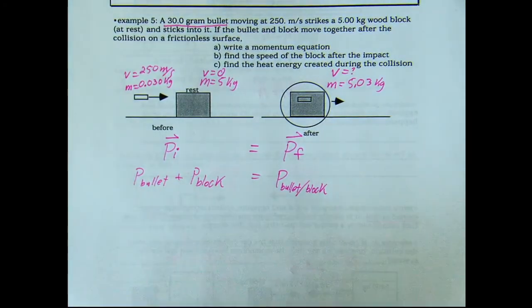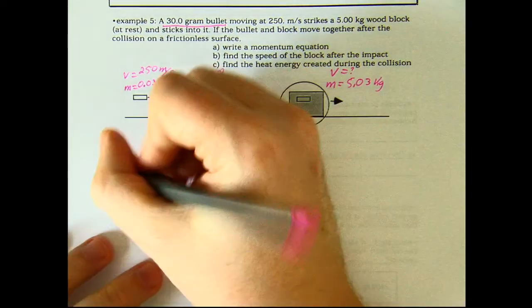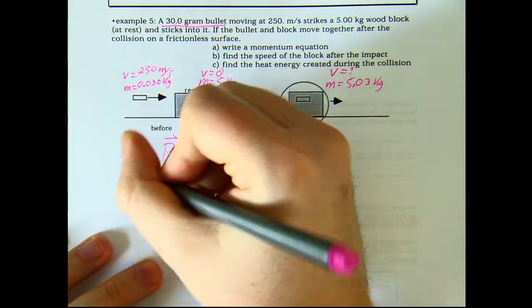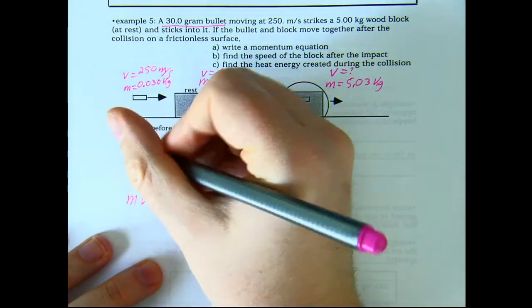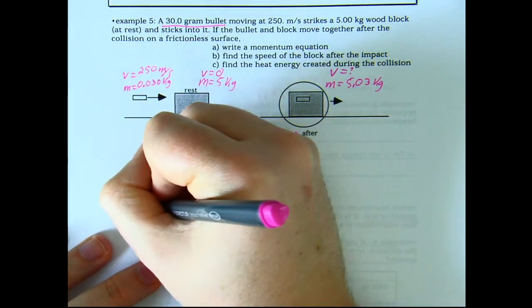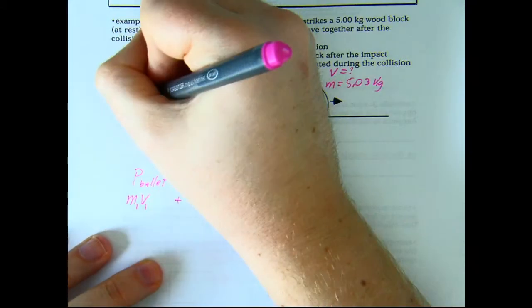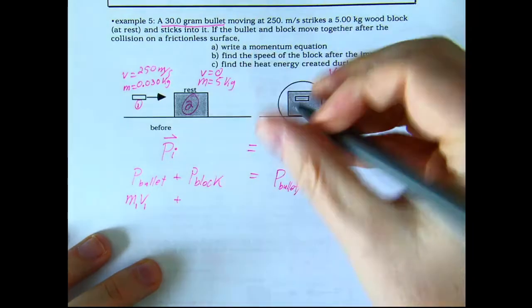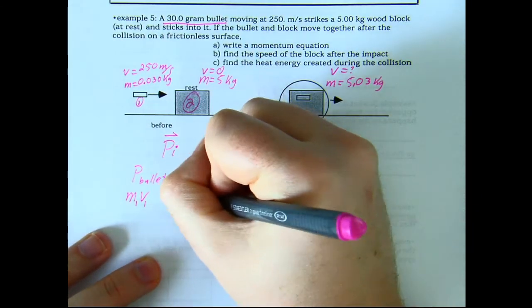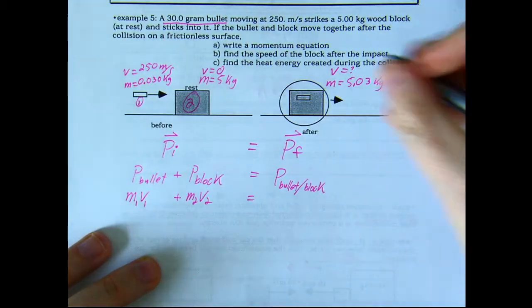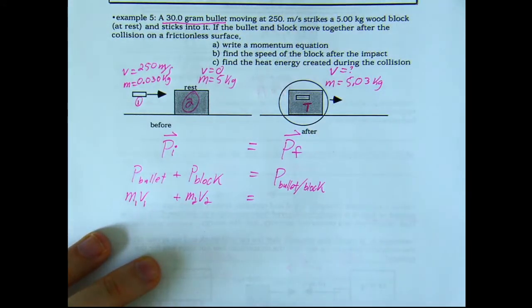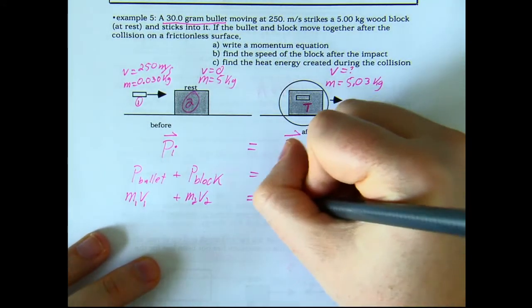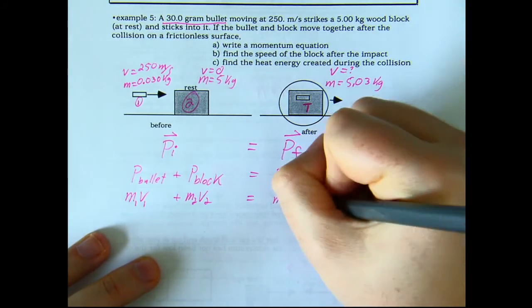So let's go through and fill this in. The momentum of the bullet is going to be given by mv. The momentum of the block is going to be given by m1v1. Call that object 1. We'll call this object 2, so this is m2v2, and that's going to equal the total object, because they have become one. So I'm going to call this m total v total.